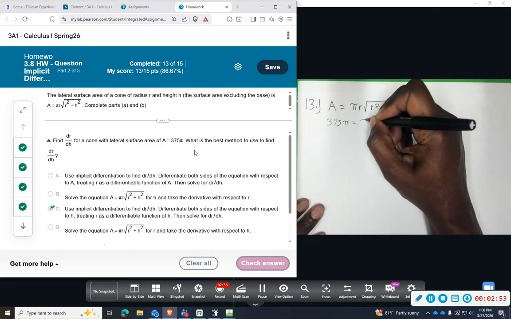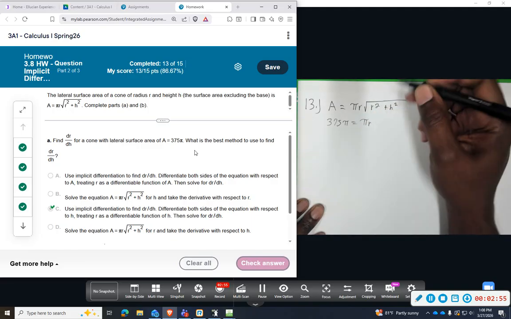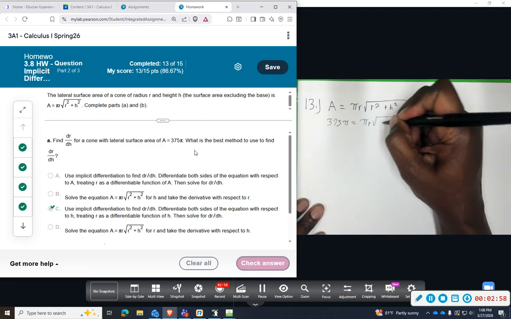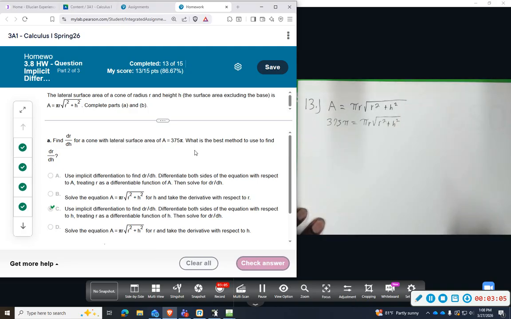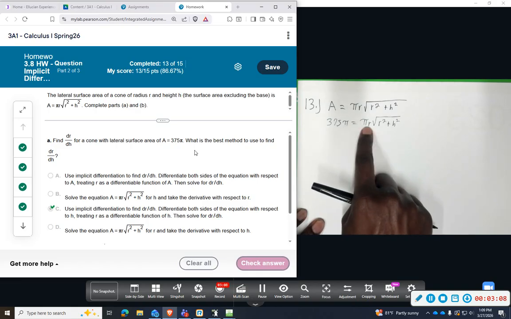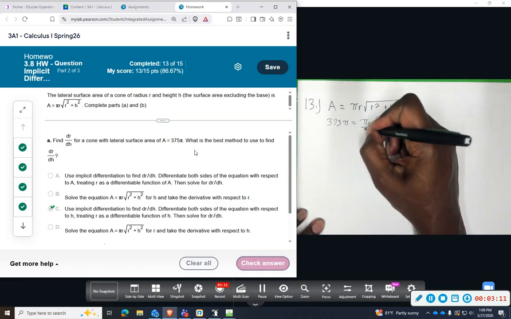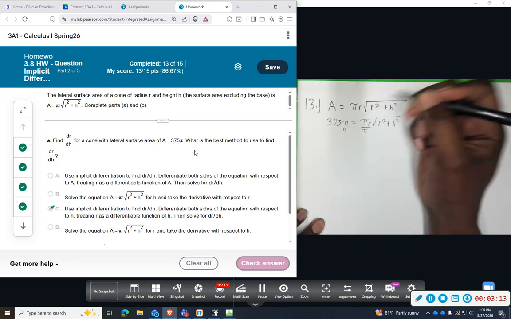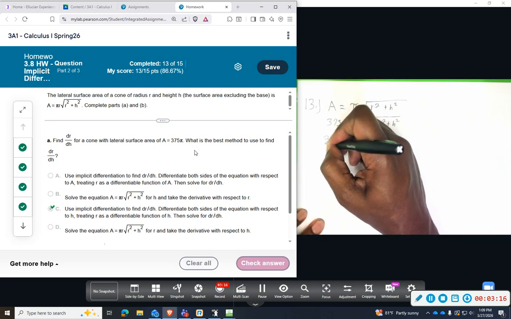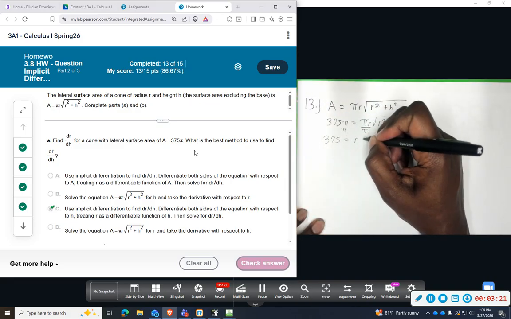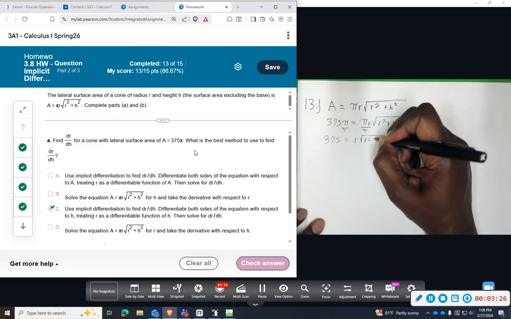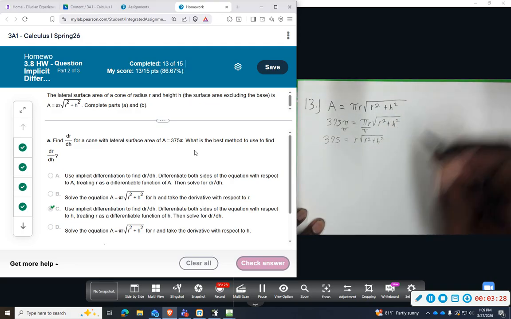equals pi times r times the square root of r squared plus h squared. Now, just to simplify, I'm going to divide out the pi. Dividing both sides by pi gives us 375 equals r times the square root of r squared plus h squared.